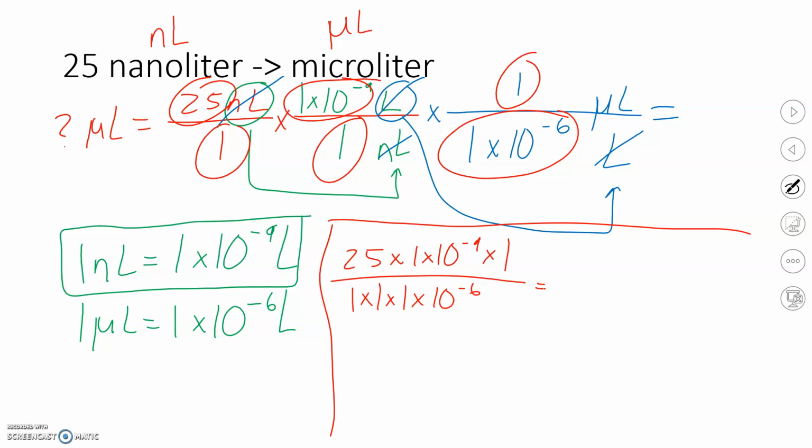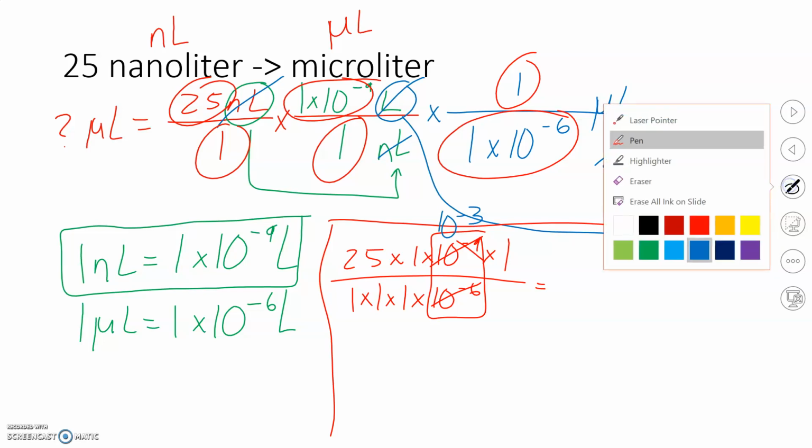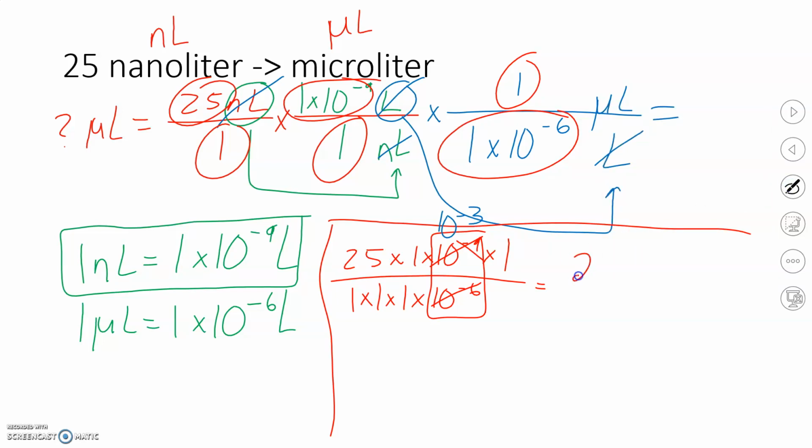And in fact, when I look at this, I can cross off my 10 to the negative 6, which means I can cross out a 10 to the negative 6 on top. What that changes to then is 10 to the negative third. So if you were to subtract those away, you end up getting negative third. So what we end up with is 2.5 times 10 to the negative second. And then our unit on this one is microliters.